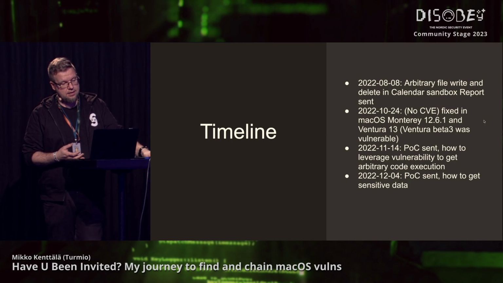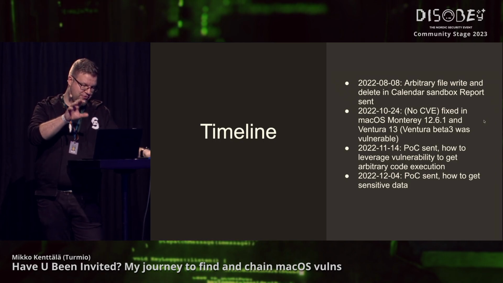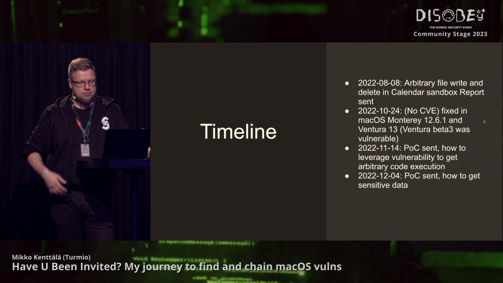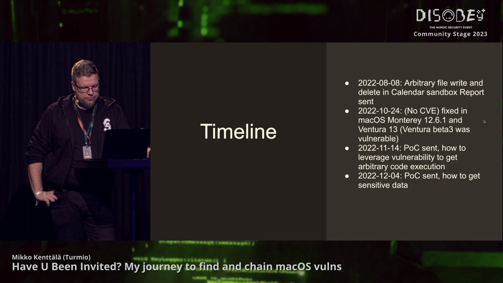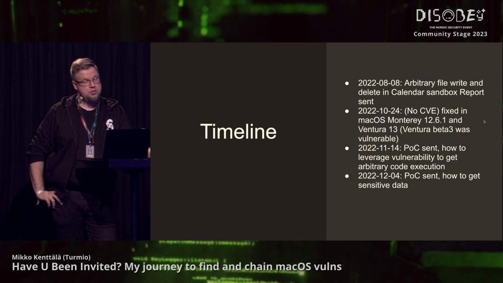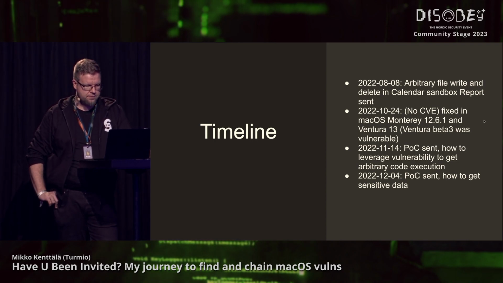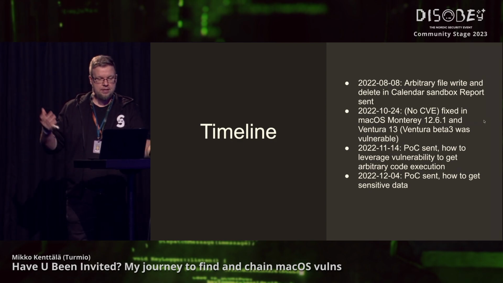I was in the middle of it, I had found the vulnerability and was still on Ventura beta 3, so I was like, okay, it looks like it is working. Then I was writing the report and found out there was a new beta version available. I updated to beta 4, and it was fixed in beta 4. I was surprised. Maybe someone else found it, or maybe they were making changes to the new calendar, and that fixed it.